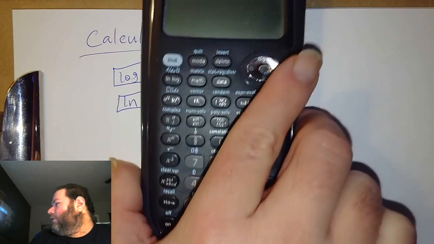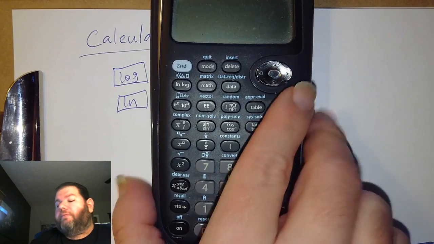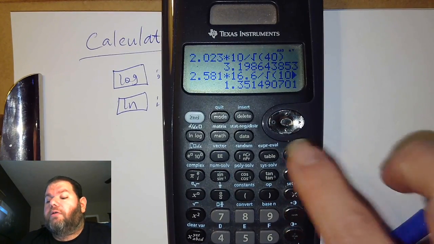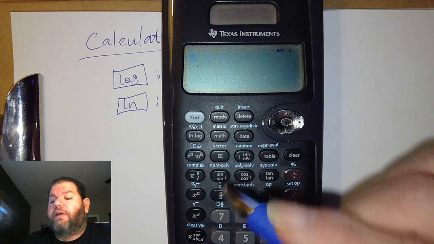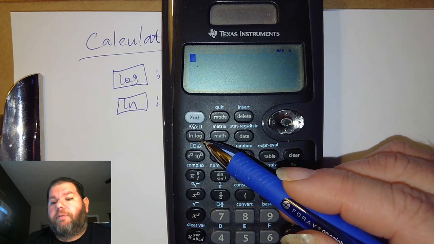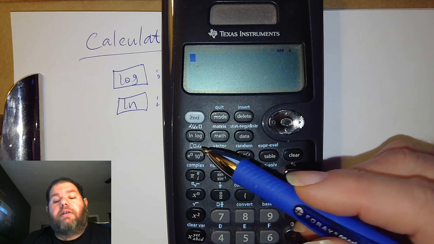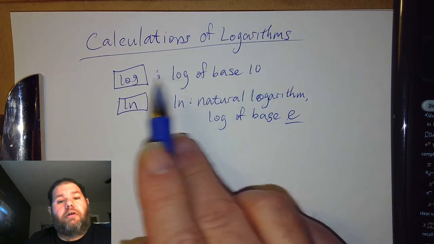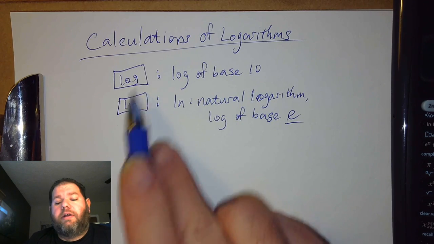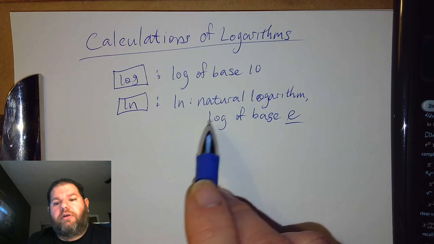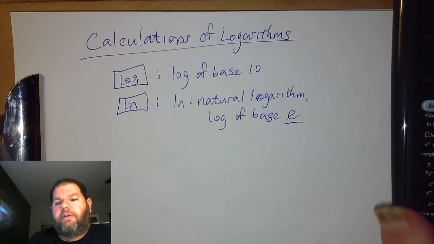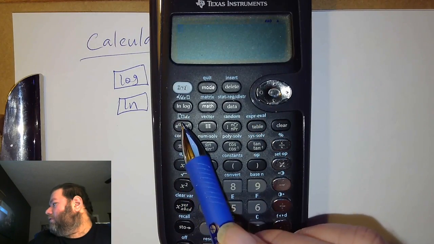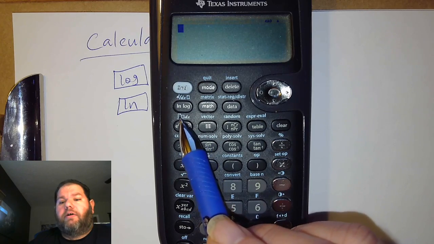Now, this calculator of mine actually just has ln and log on the same button. If it says log or log 10 or log x, it means this first one. ln is always the natural logarithm. This one has an ln and a log on the same button.